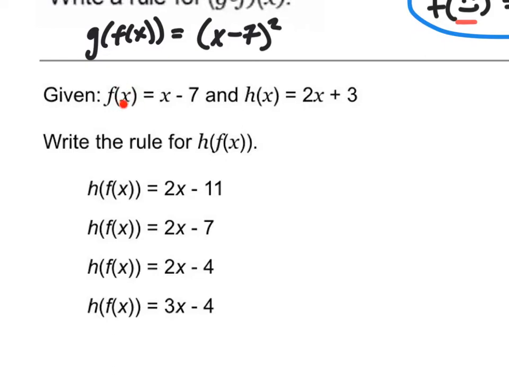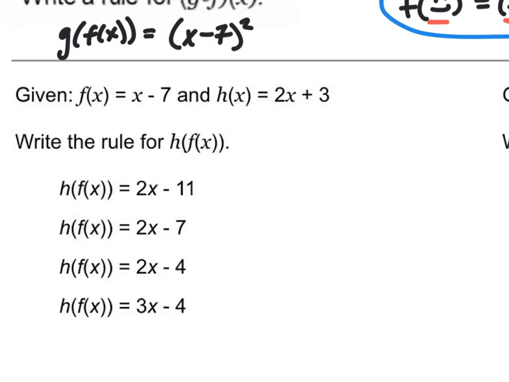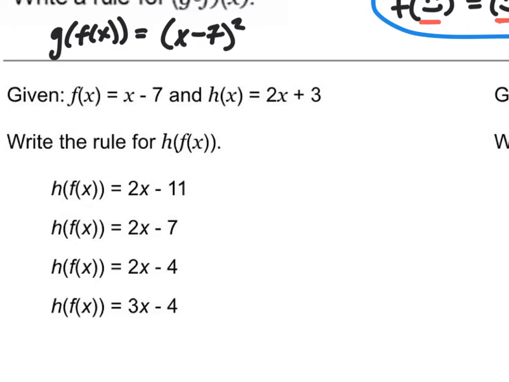It says, given that you have a function f of x is equal to x minus 7, and then another function h of x, which is equal to 2x plus 3, it wants us to write the rule for h of f of x. So here's what I've got. If I wanted to do h of f of x, then really, here's my function f.